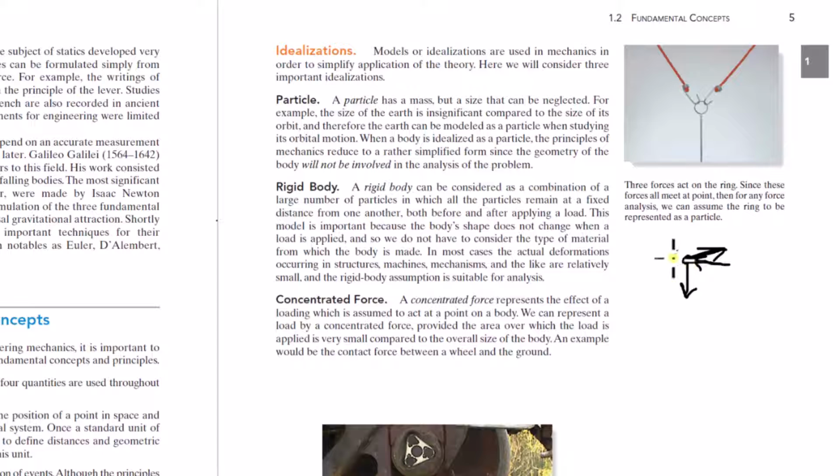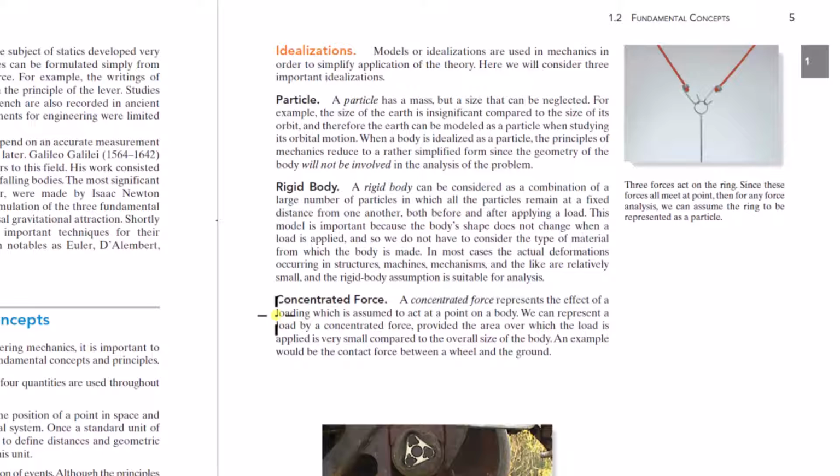Even if it's bouncing up and down, turning, going left to right, that's all just the center of mass accelerating. And then once you have those forces, you could go to other problems where maybe you do consider the geometry. But for just analyzing in general the acceleration and the forces on the vehicle, you can model it as a particle. Okay? And so again, not every problem are we going to be able to model the body as a particle, and we'll talk about when you can and can't use the particle assumption in statics.